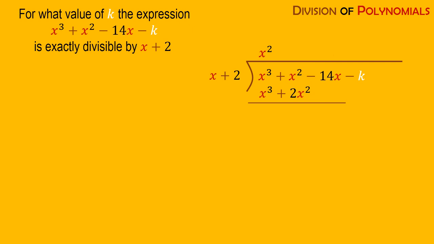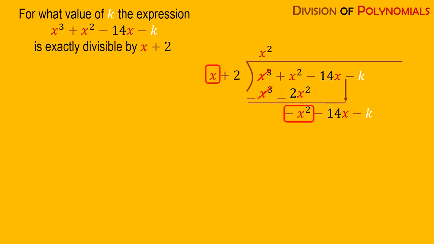Now subtracting them and changing the sign of the second polynomial, these two terms definitely cancel out, and moving to the second like terms, x squared minus 2x squared, they are like terms with different signs, so we have to perform subtraction. 2 minus 1, so we have got negative 1x squared. 1 is normally not mentioned, you know. Now taking down the remaining terms to the next step.